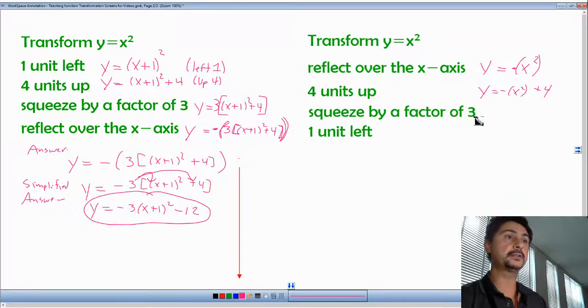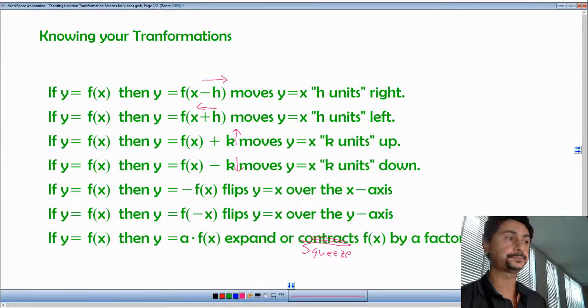So we're going to write a plus 4. Squeeze by a factor of 3. We write everything we've done before. Multiply it by 3. And then 1 unit left. Now, the 1 unit left is tricky. If you remember, left is an x plus h inside the x part. That's the hardest thing to understand about left and right, is that it goes inside where the x is.